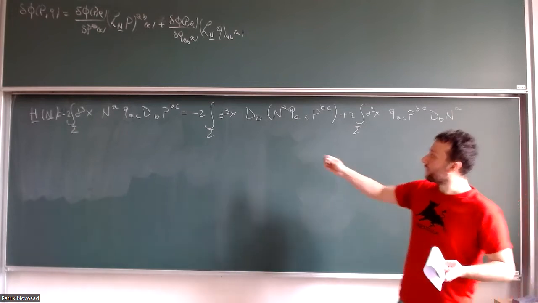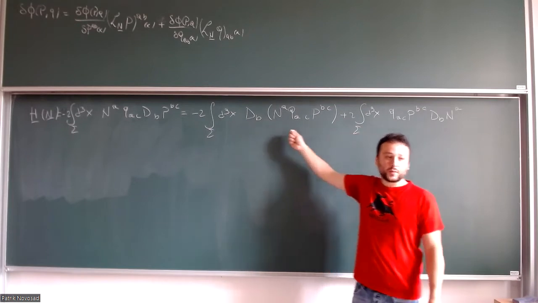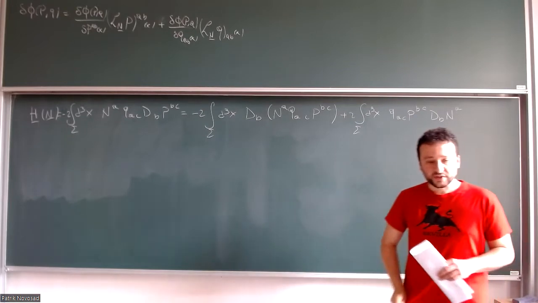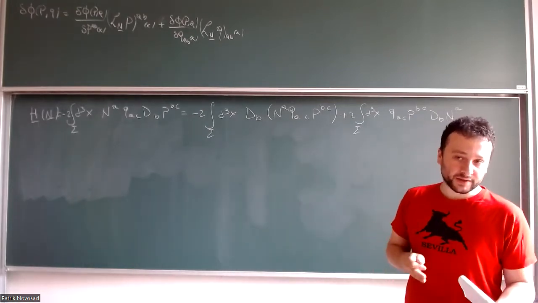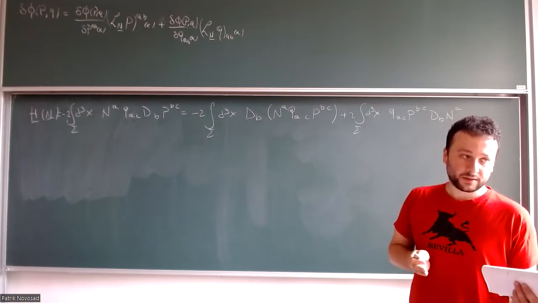We have the connection from PB, but for a tensor of weight 1 we also have minus the contraction of the connection itself.